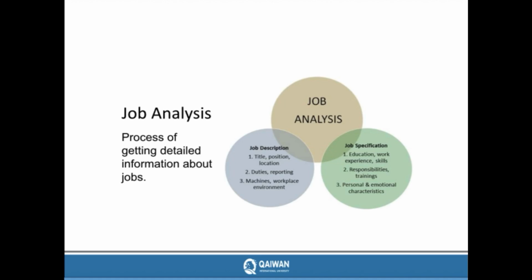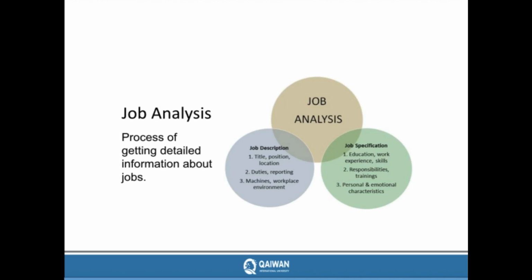But job specification is different because it focuses on the person. As we said, job description focuses on the job, not the people. But job specification focuses on the person, not the job. It includes education level, work experience, and skills. We also define the type of training required.